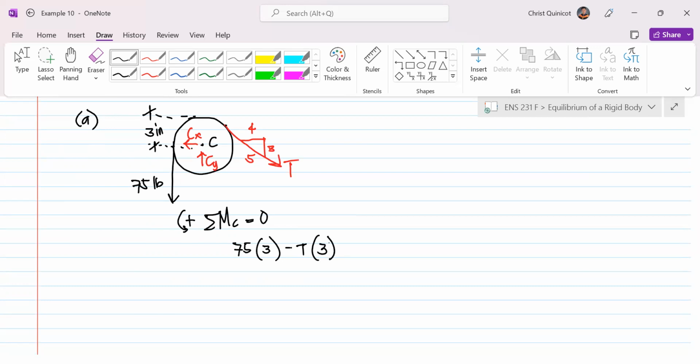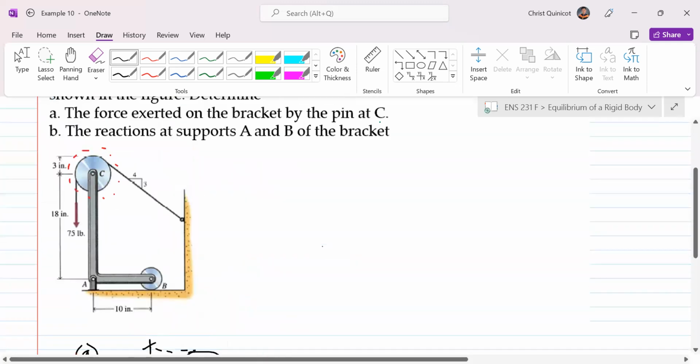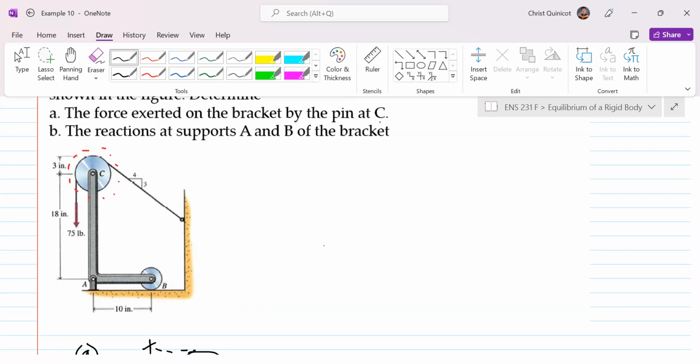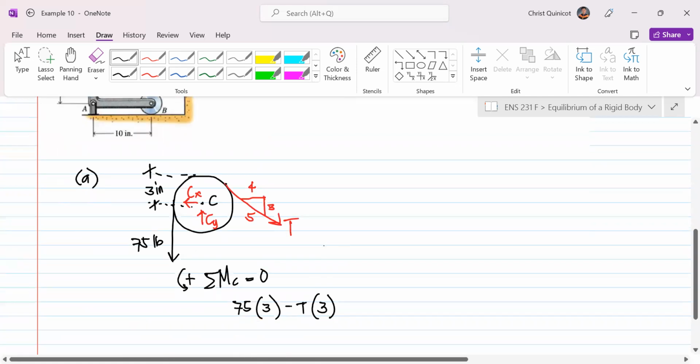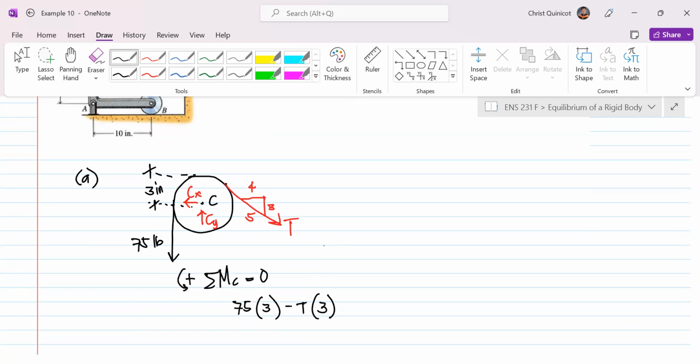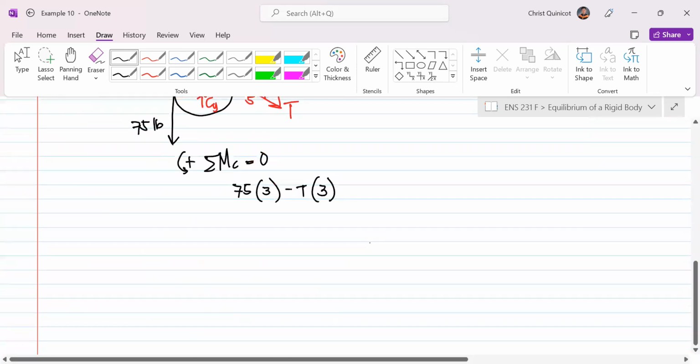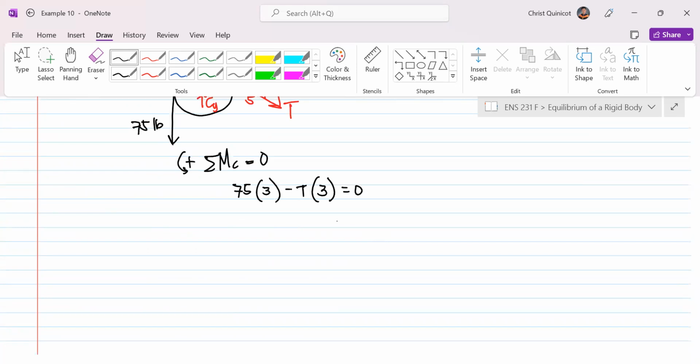Of course, it was already mentioned that we will not utilize the 3, 4, 5 ratio because our cable is applied perpendicular to our pulley, right? And its perpendicular distance is equivalent to the radius of our circle. So that is 75 times 3 minus T times 3 is equal to 0. And then therefore T is equal to 75 pounds.